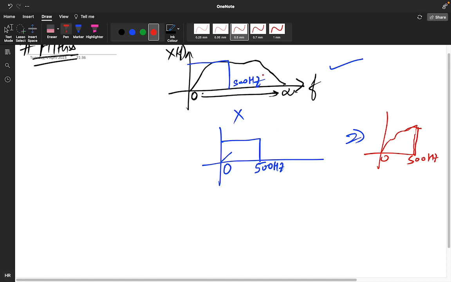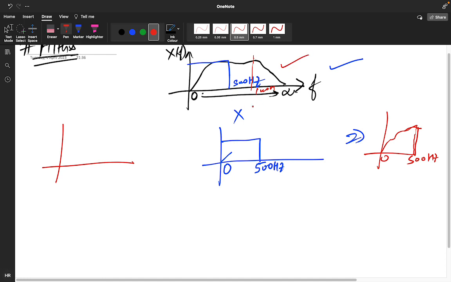Now suppose you want to get the signal from 1000 hertz to infinite. For that you will use a high pass filter, from where your high frequency will get passed.